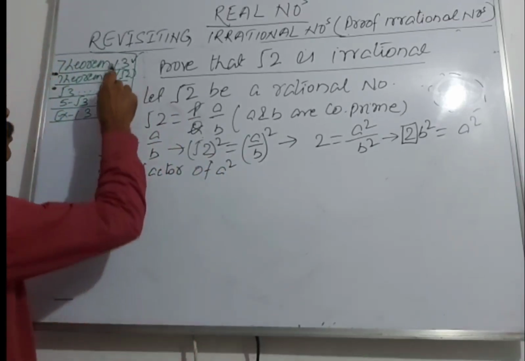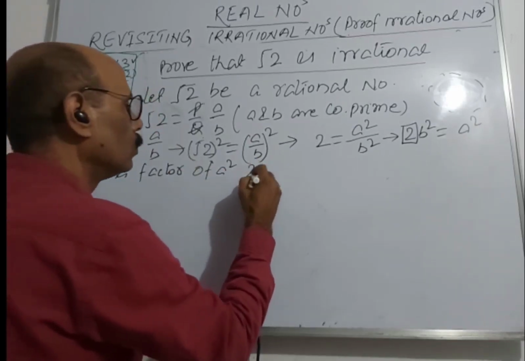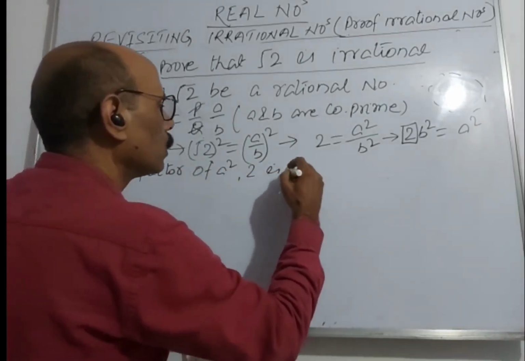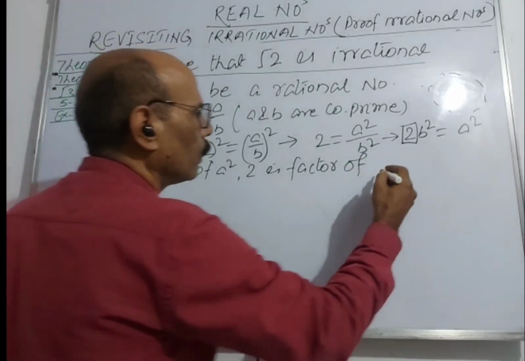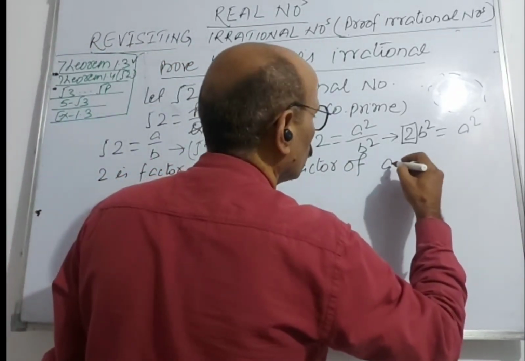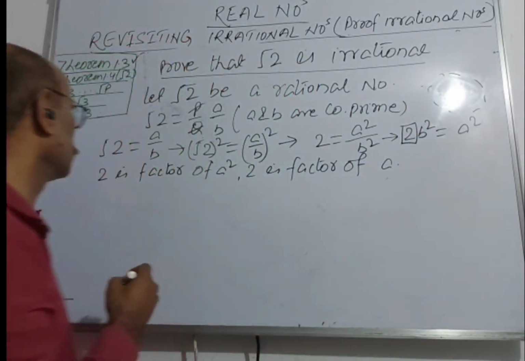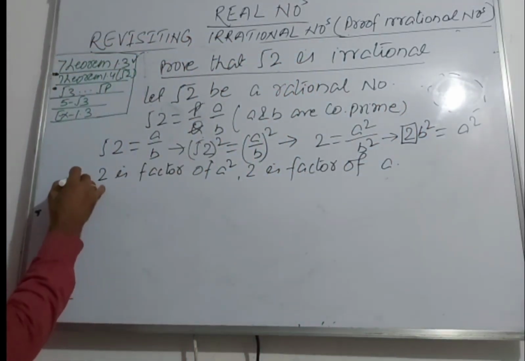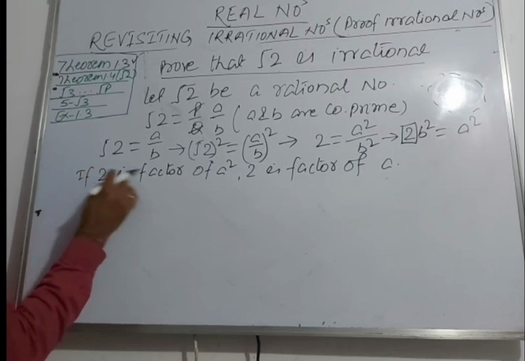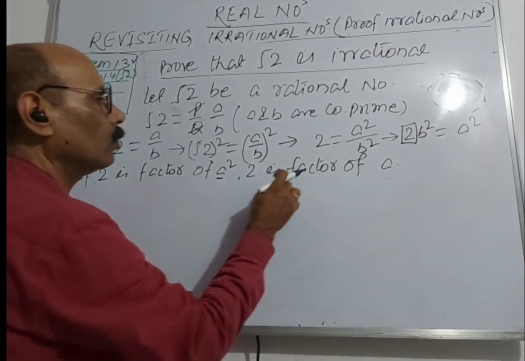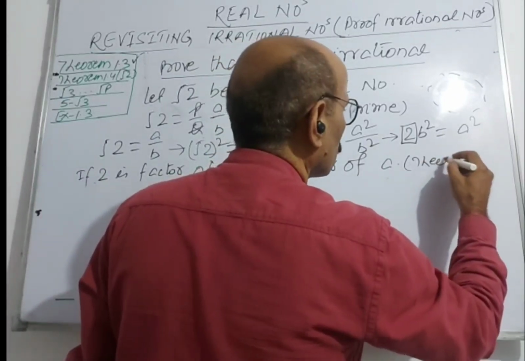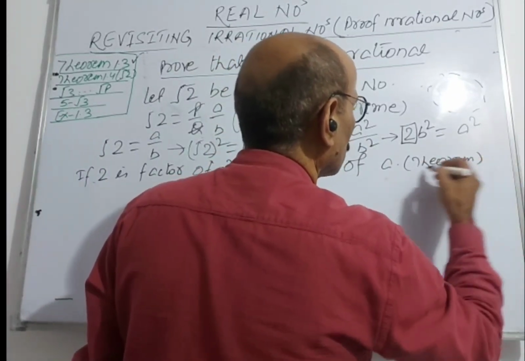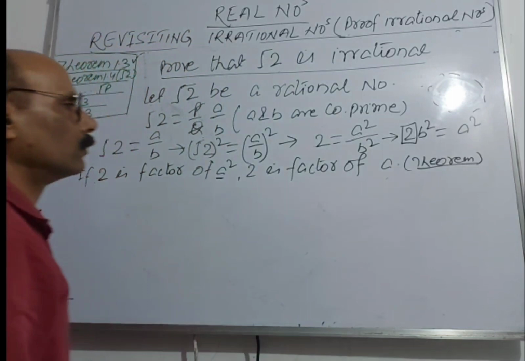With that theorem 1.3, if 2 is a factor of a square, 2 is a factor of a also. Right, with the theorem.